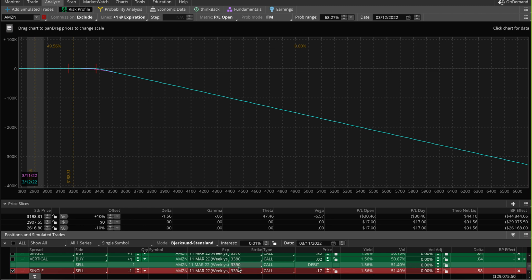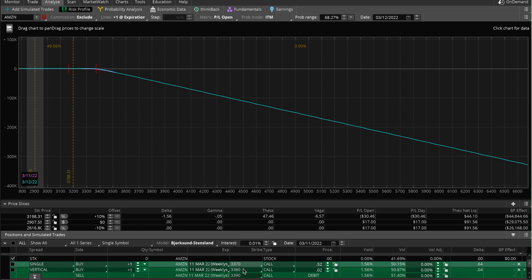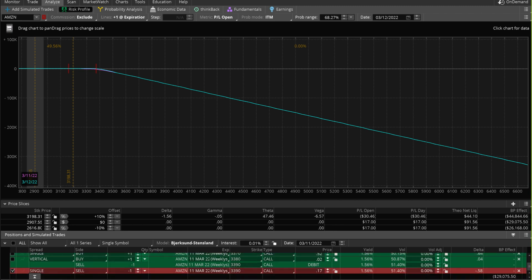So now we want to get some more insights into why the theta protection was so much more different than what we saw when we were holding the single option contract. And to understand that, you got to understand how theta affects your position if you sold a call.